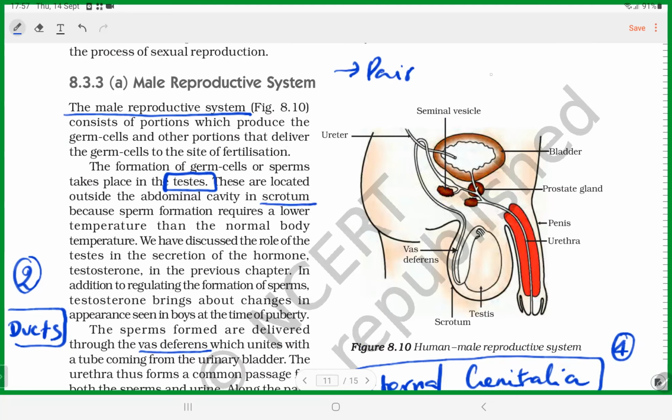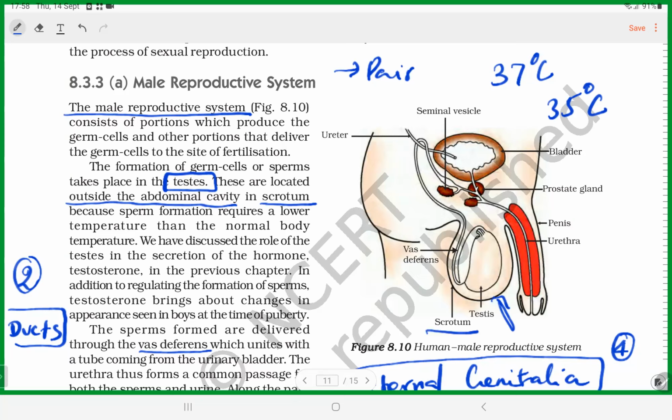Body temperature is 37 degrees Celsius, but the testis is outside the abdominal cavity, because spermatogenesis can occur only below 35 degrees Celsius. So the testis is located outside the body, surrounded by the scrotum.